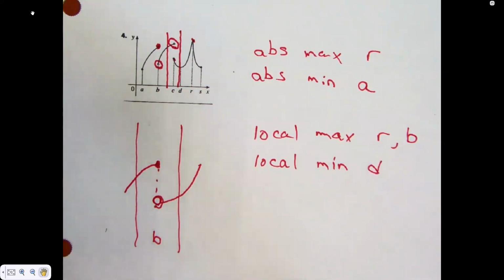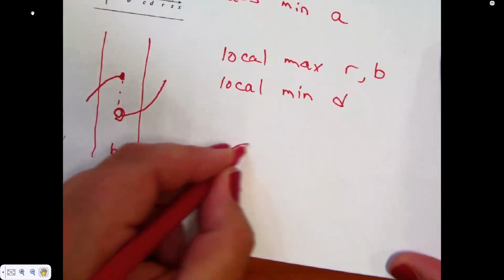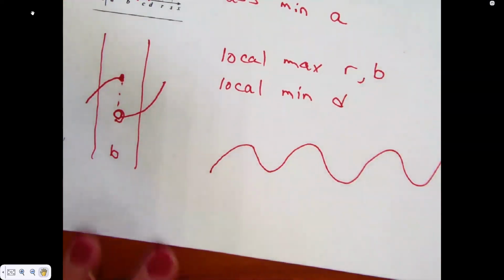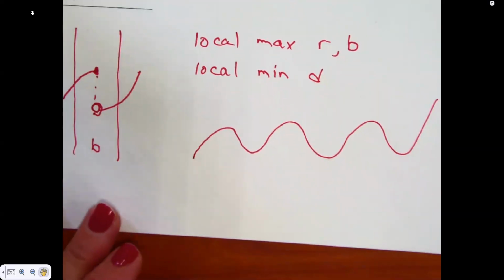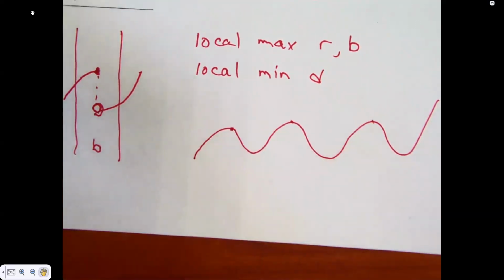Local just means in that area. So if I have something like this, every peak is a local max. Every time it changes direction at the top, it's considered a max or a local max.